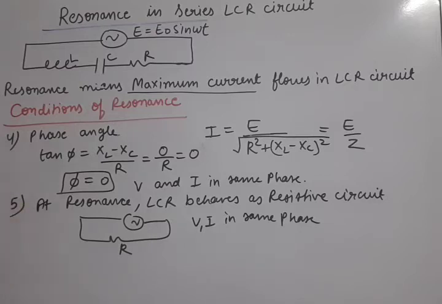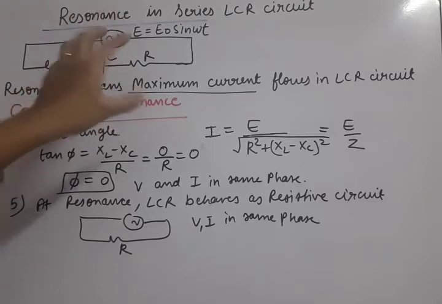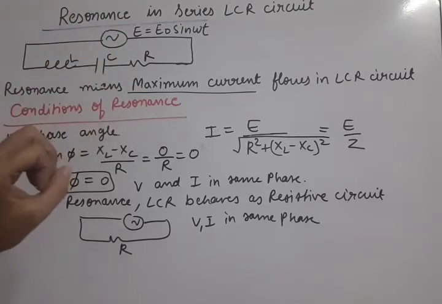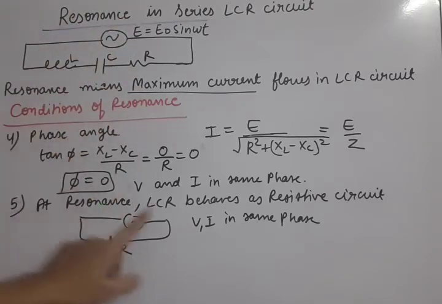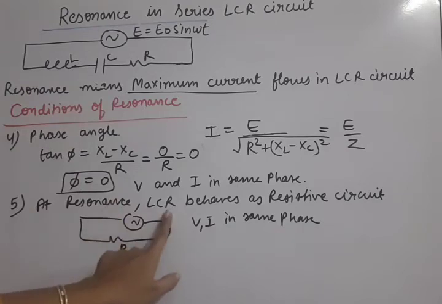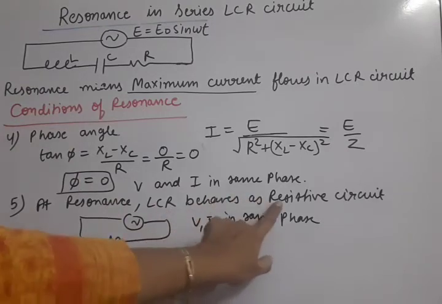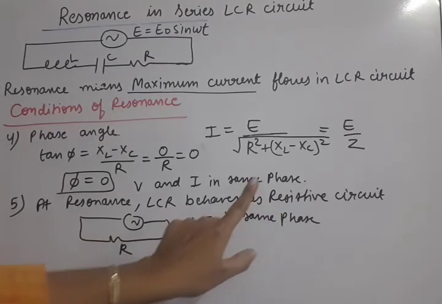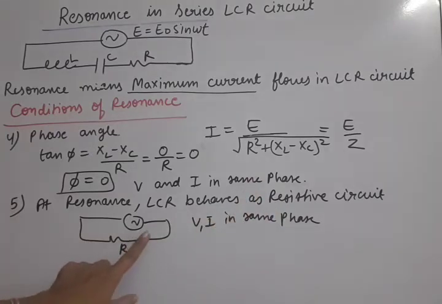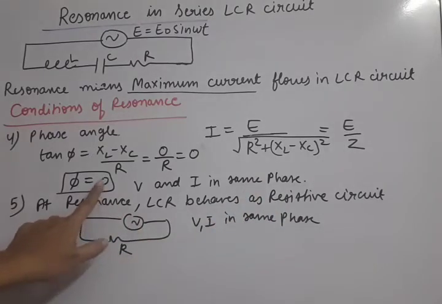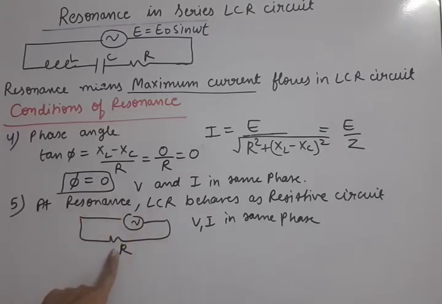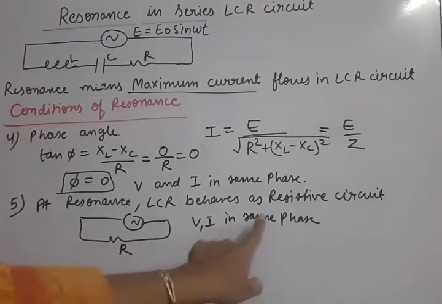So what is the meaning? In spite of the fact that L, C, R, three components, are connected in the LCR circuit, at resonance the LCR circuit behaves as a purely resistive circuit, because at resonance the phase difference is 0, and that is only possible when the circuit behaves resistively. So when only R is connected in any AC circuit, then V and I are in the same phase.